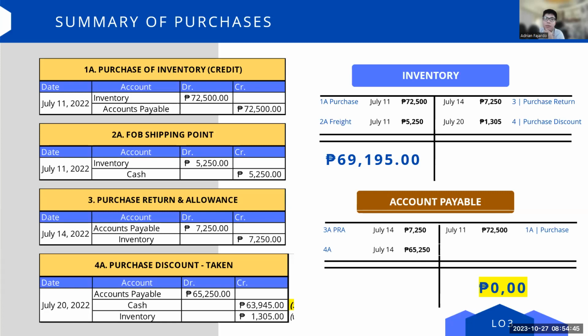Kapag sa actual problem, hindi po ba isasama sa isang journal entry yung inventory and the shipping, yung inventory pa rin? So for this, depende. So, for me, ako, may advice to you is paghiwalayin nyo na lang muna. Why? Because sometimes, so ang tanong yata is, do we join this together, this journal entry?